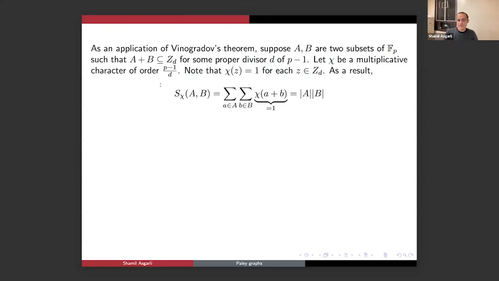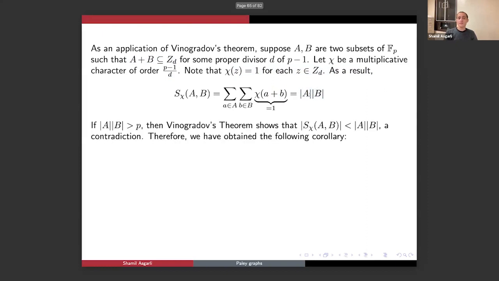Then what happens if I calculate the double character sum? I'm going to get this double sum. Because A plus B is in Z_d, the value of the character at a plus b must be 1, because the value of the character on Z_d is always 1. So here I'm using the fact that A plus B is inside Z_d to get that each of these terms is 1. And how many terms are there? There are exactly |A| times |B| terms.